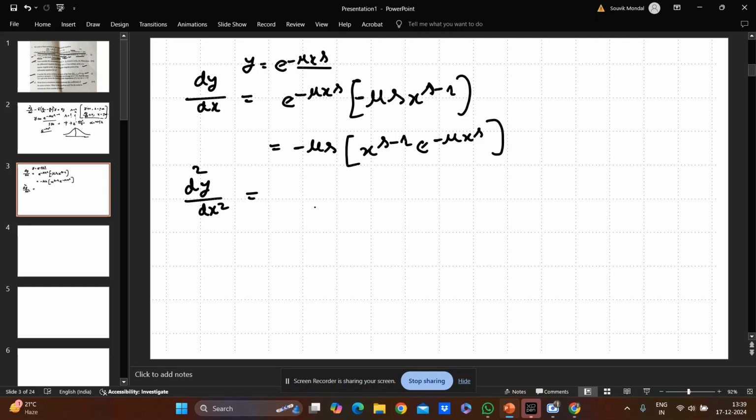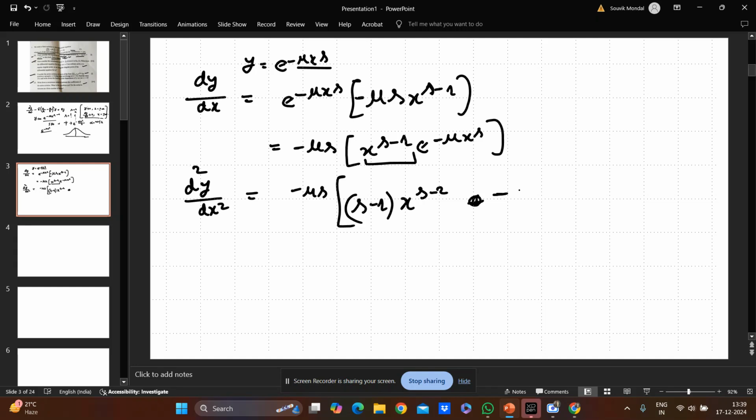d²y/dx² is minus μλ... Now take the derivative of this part first. So (λ−1) x^(λ−2). Now take this part fixed and take the derivative of this.